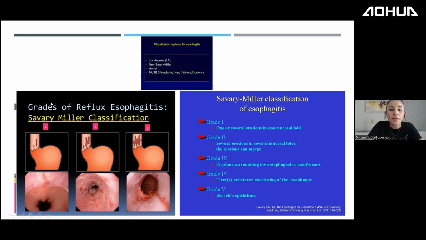So if you have just one lesion, one erosion, it's grade 1. If you have several erosions in more places, it's 2. If you have a circumference of lesions, it's 3. And of course, Barrett's esophagus in humans, which is grade 5, has been proven in some cats nowadays, the gastric metaplasia of the esophagus, but we won't talk about that now.